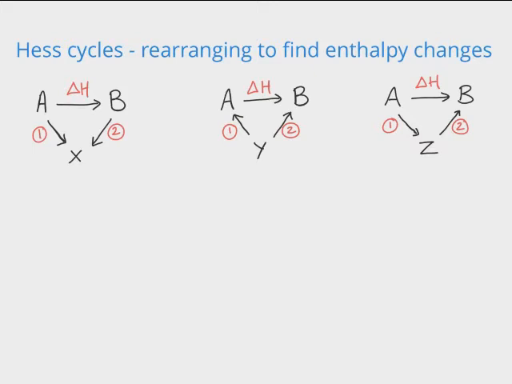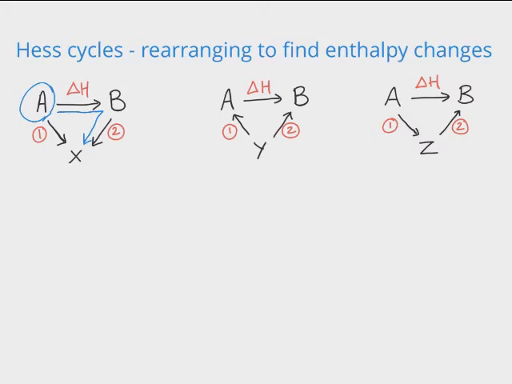The one on the right, we have an arrow going down and an arrow going up. So what they also all have in common is that you can start from one point in a Hess cycle and you can travel along two arrows in the direction of the reaction, and you can reach the final product either by going via two reactions or via one.